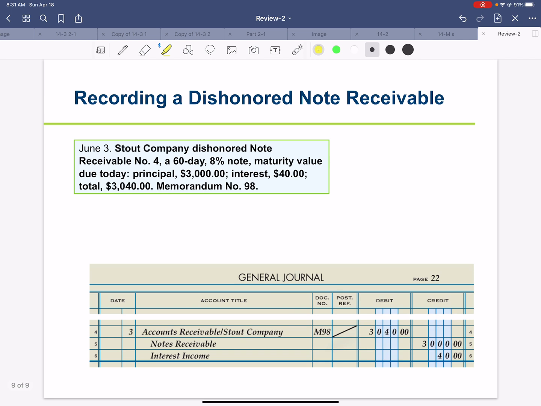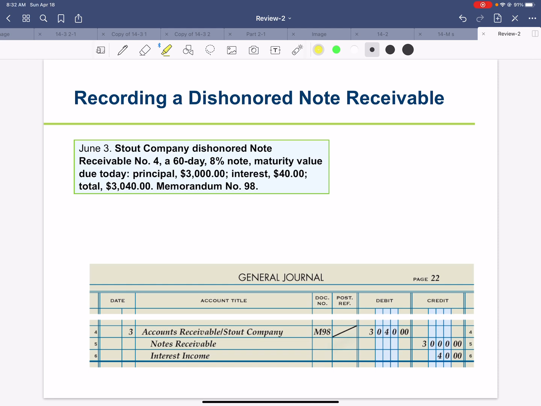And the last one was recording a dishonored notes receivable. When a notes receivable is dishonored, we have to write it off again.